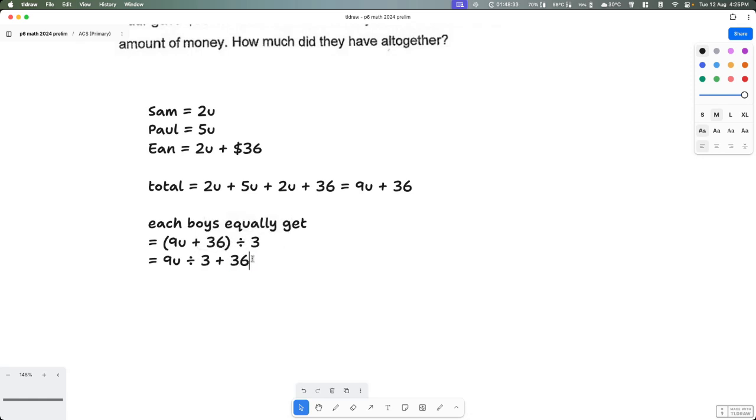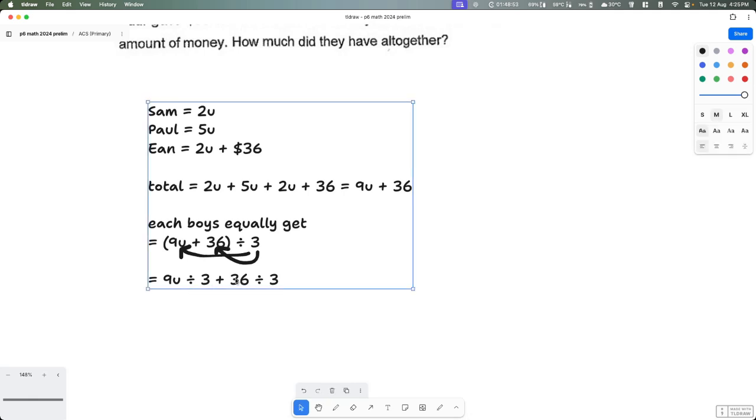Divide by 3 must go to here and also to here, and here as well. Can never miss.